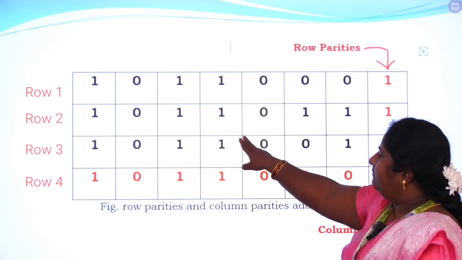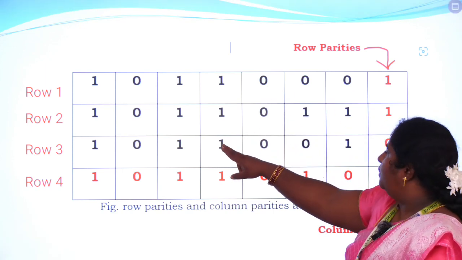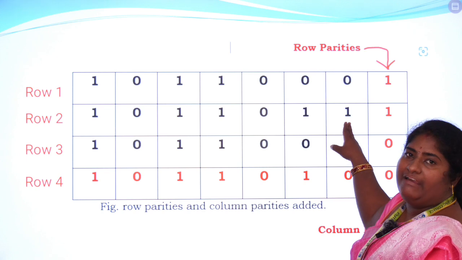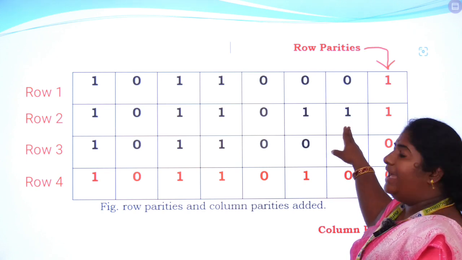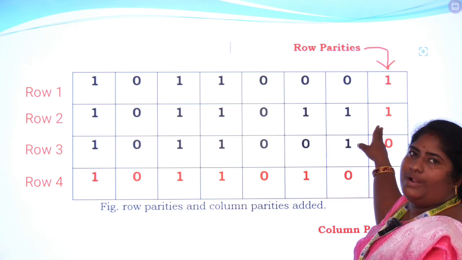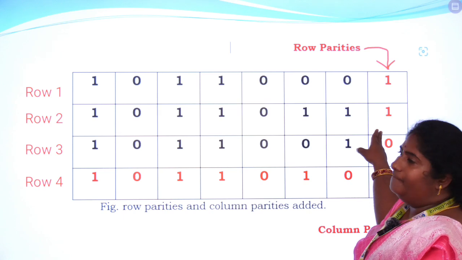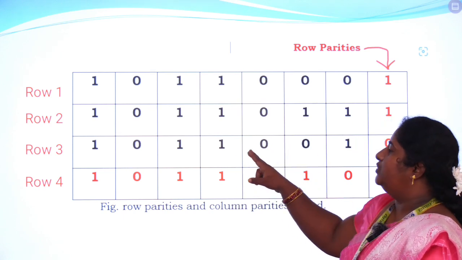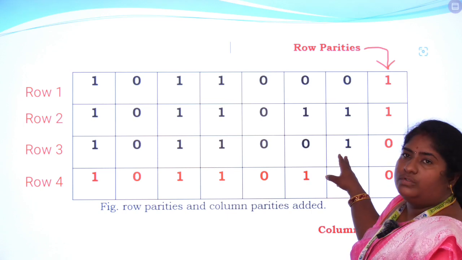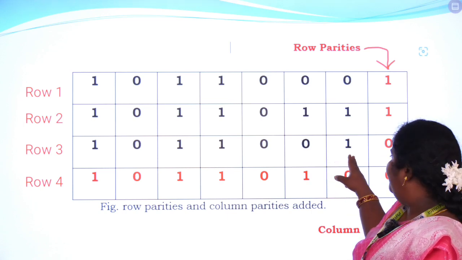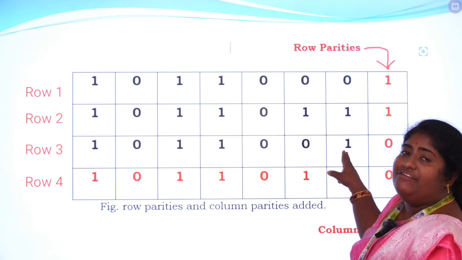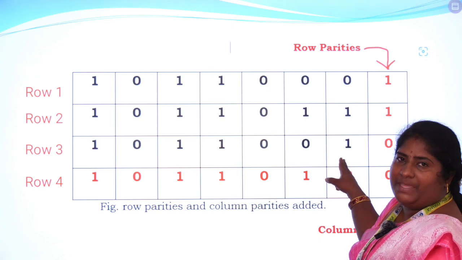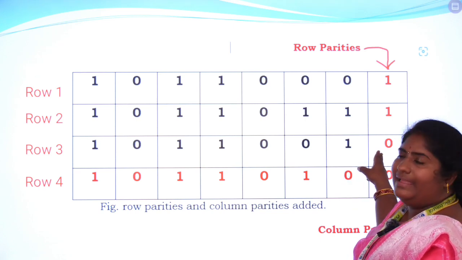Again we consider row 2. You have 5 ones, so you add 1 at the end of the data. That is called a parity bit. Then row 3 will be taken. You have 4 ones, so it is an even parity. When we have an even parity, you append the value 0 at the end.